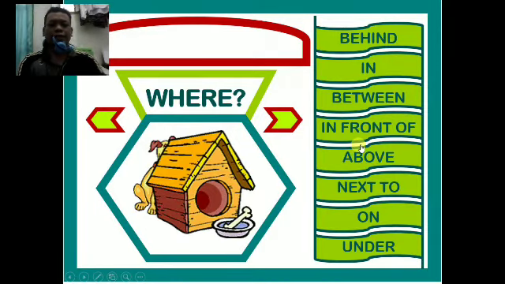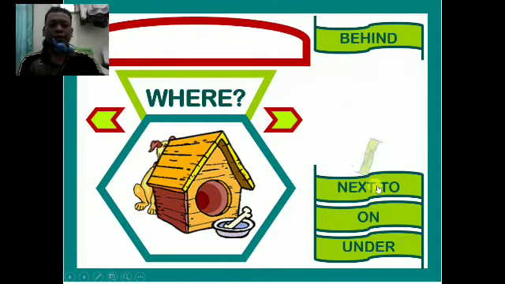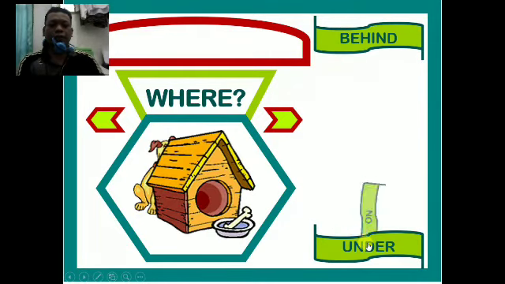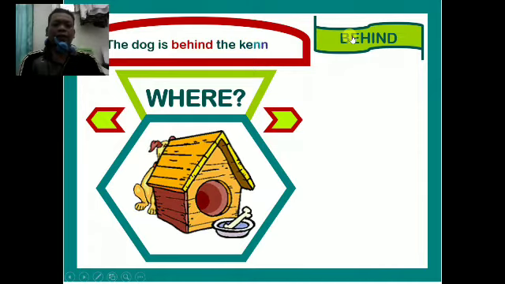The dog is titik-titik. In, di dalam, bukan. Between, no. In front of, di depan, bukan. Above, di atas, no. Next to, bukan. On, bukan. Under, no. The correct one is behind. So the dog is behind the kennel. Kennel means dog house.